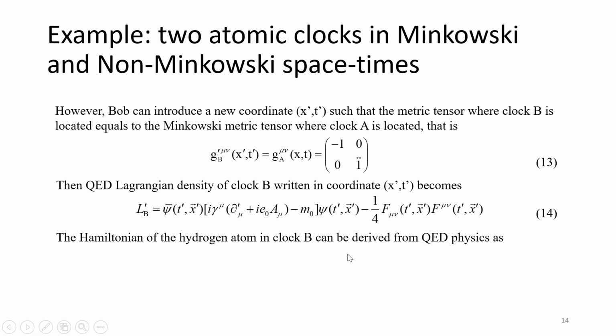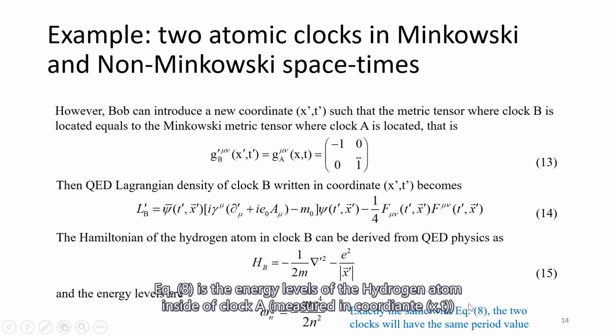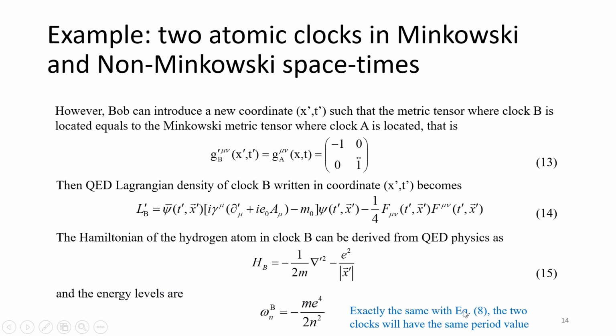The Hamiltonian of the hydrogen atom in clock B can be derived from QED physics as this formula. And the energy levels are like this. So this is exactly the same as equation 8, which is the energy level of the hydrogen atom inside clock A. The two clocks will have the same period value.